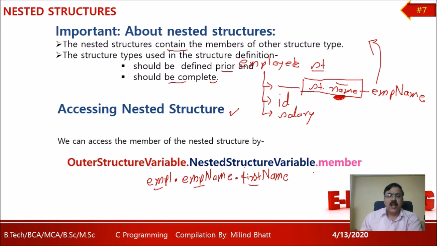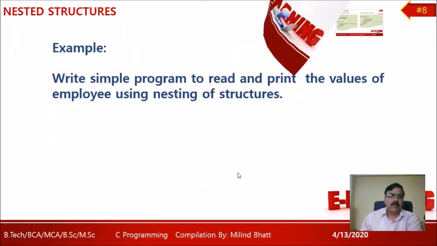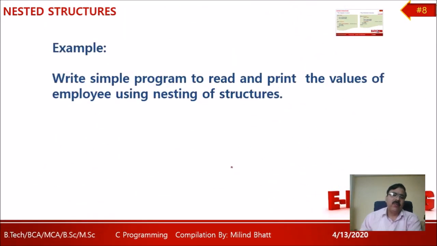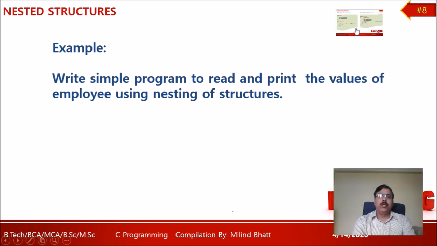Now see how we can do it in our program. So we have to write a simple program to read and print the values of employee using nesting of structures. Just have a quick look at the program we will develop in our IDE.